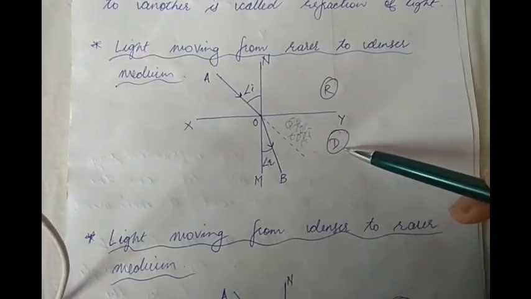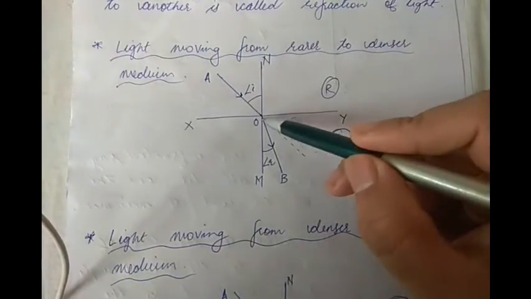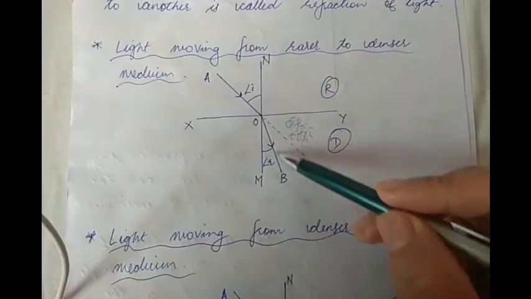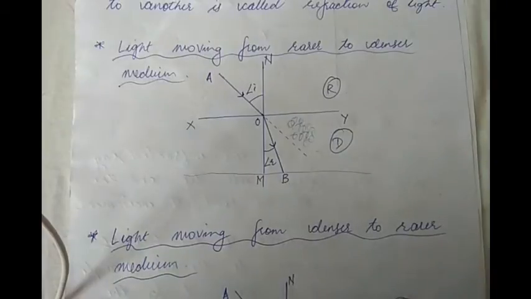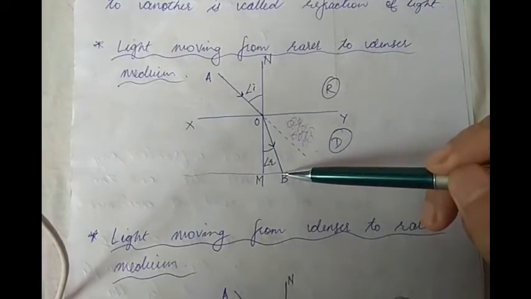Since light also wants to get out of this denser medium as soon as possible, it bends towards the normal. It wants to take a shorter route over here. Say, for example, the thickness of the denser medium is this much. So this would be the shorter route for the light to take, therefore it bends towards the normal.